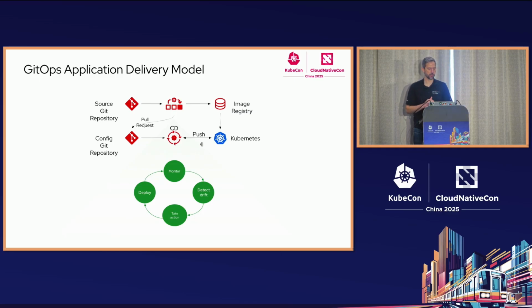A typical GitOps application delivery model could be something like this, where you have your source Git repository, you commit some code, you build a container image that goes into an image registry, gets tagged and everything, and then your build pipeline can potentially make a pull request to your GitOps repository to change, for example, the tag or the SHA of that container image that you have defined as what you want to have running on production.